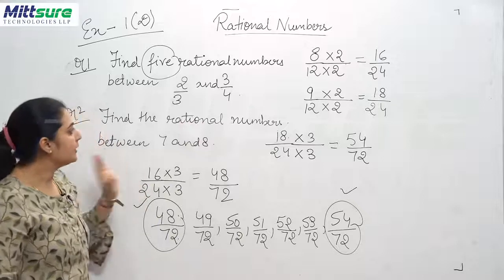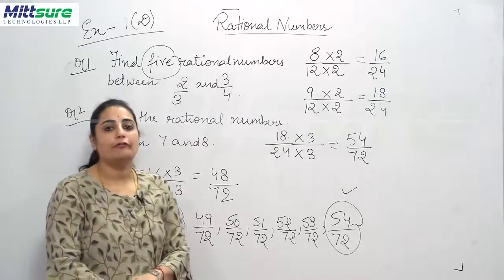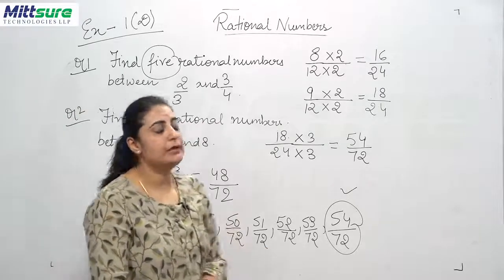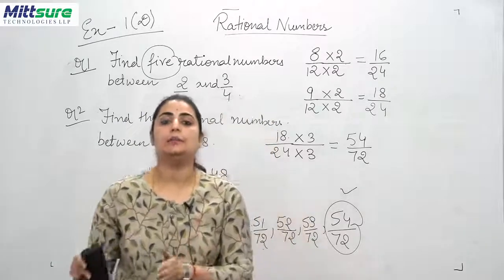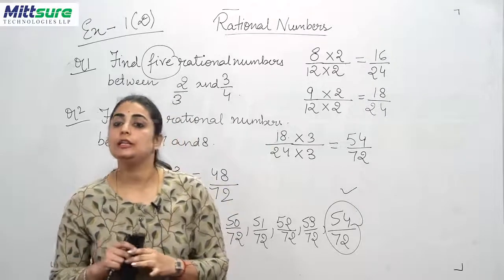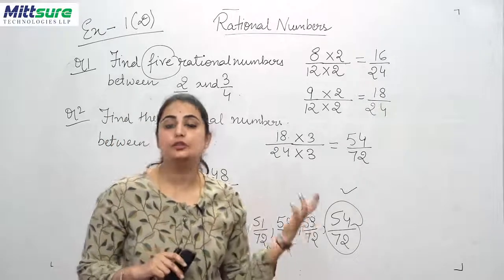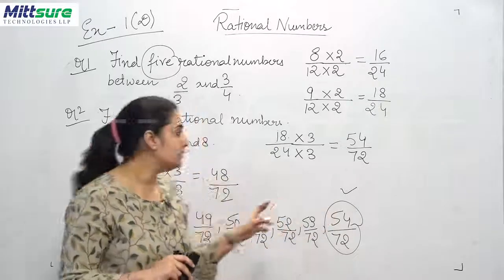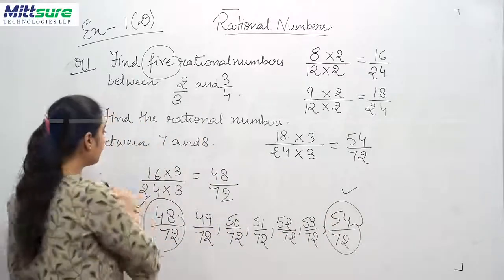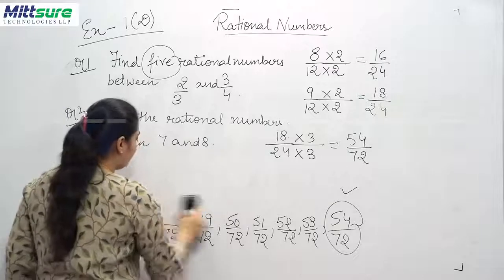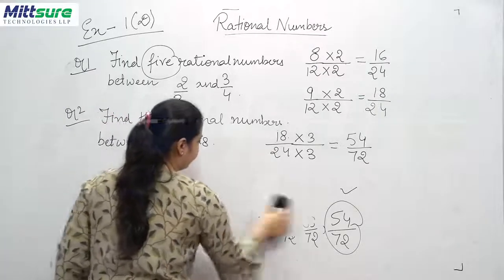Now in this question also the method of the rational number lying midway can be used, and using that calculation in a series, you can reach 5 rational numbers between 2 upon 3 and 3 upon 4. Now let's talk of the next question.